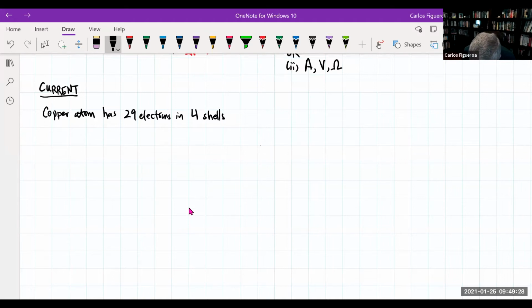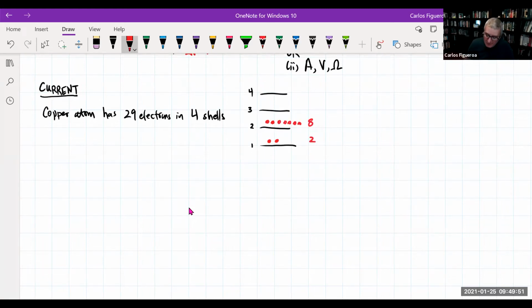So what I'm saying here is that I have 1, 2, 3, 4. So I have 4 shells. And when you start to look at the electrons, there are 2 electrons in the first shell. There's 8 here. And what we know here is that there's only 1 electron in the other shell.